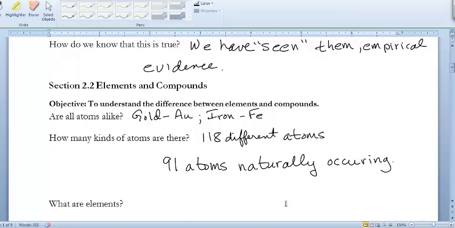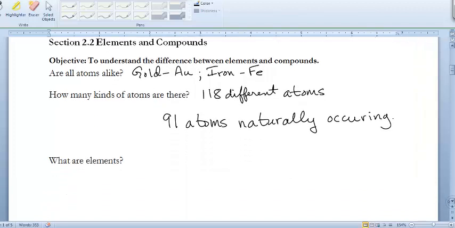So what are elements that we mention constantly? Elements are substances that are made up of one kind of atom.